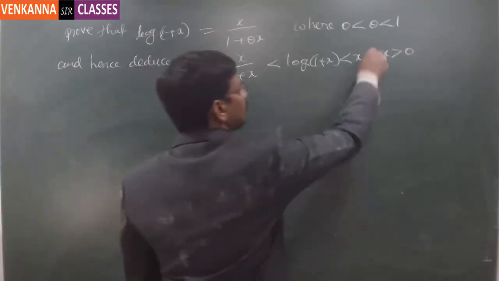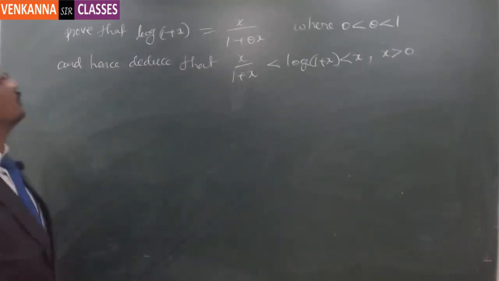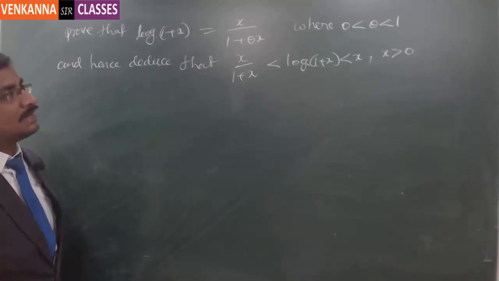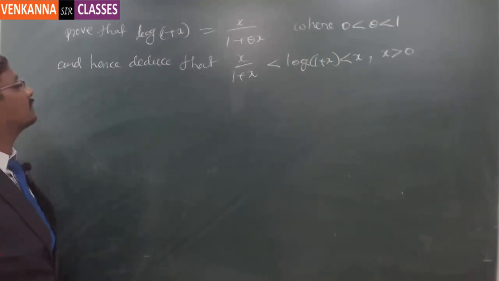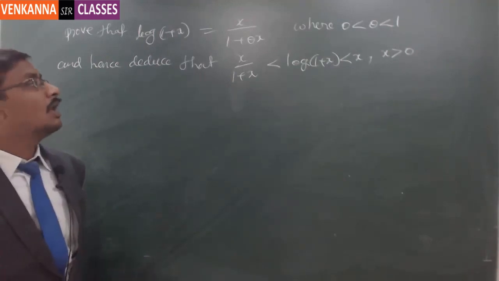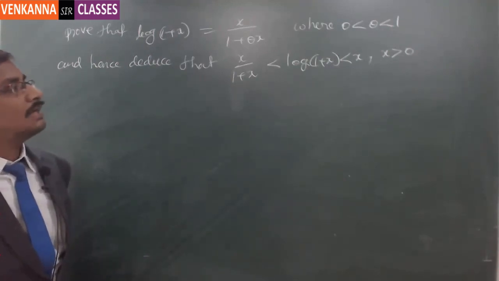Right? Okay. So can you prove this? Here actually prove that log of 1 plus x is equal to x by 1 plus x theta, where 0 < theta < 1, and hence deduce that x by 1 plus x is less than log of 1 plus x is less than x.